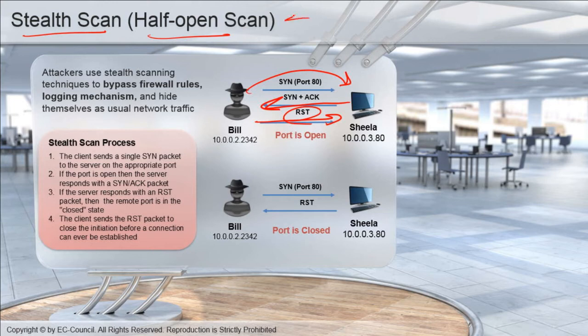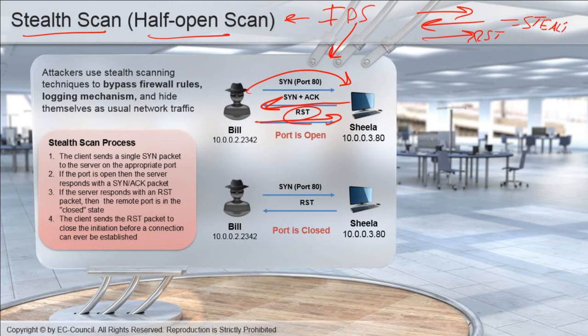When they first introduced this, they said, here's this new stealthy thing we can do to not show up as having built a full connection in the operating system logs. And we go, oh, that's clever. But they were talking about this publicly. So, a couple weeks later, all of your IDS vendors have signatures that say, when I see a SYN, a SYN-ACK followed by reset, this is a stealth scan.